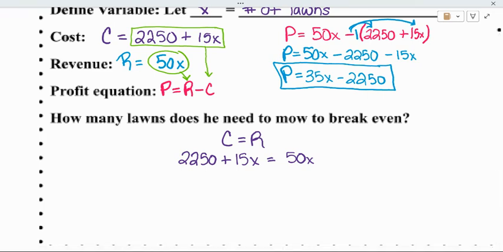How are we going to figure this out? How are we going to solve this or simplify it? What do you think, Isaac? Good job. We're going to subtract 15x from both sides. I like that.